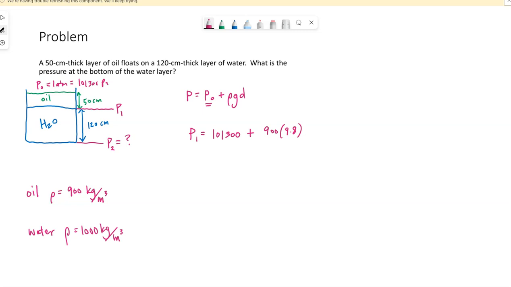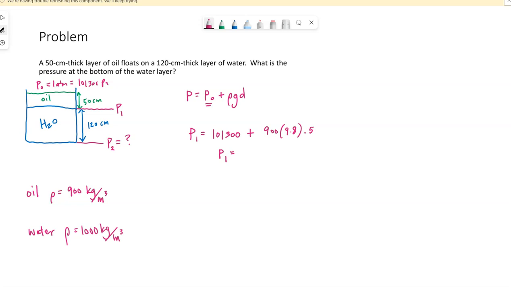G, 9.8 meters per second squared. D, how deep into the fluid. So this oil layer is 50 centimeters deep, so 0.5 meters. As a reminder, the rho GD term comes out to be in newtons per meter squared, which is a pascal. That's why I need P naught to be in pascals.